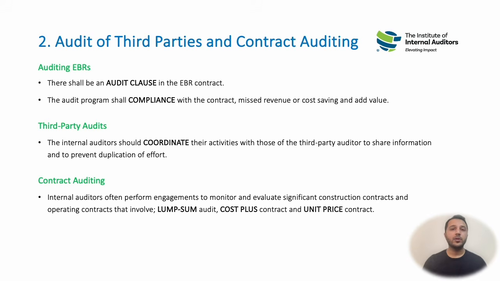One of the most important clauses is that the internal auditor has the authority to carry out the audit of those third parties, or do so through external auditors, or we can outsource to a mutually agreed third party to carry out an audit of the external business partner. Also, the contract needs to state who will bear the cost of the internal audit while performing the audit activity. That is also important. We have to ensure, whenever we are auditing the EBR, that they are in compliance with all the contractual terms.